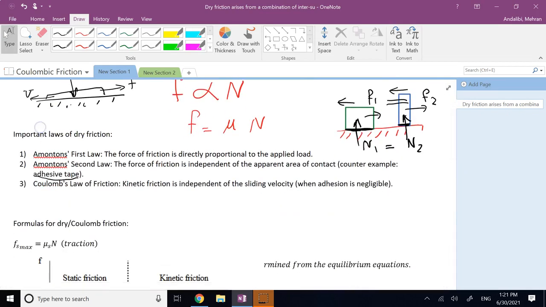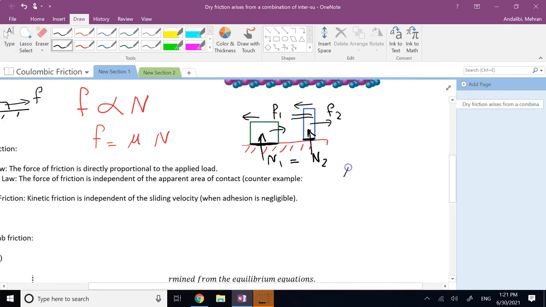We can show that in reality, if you plot the friction force due to sliding, which we call kinetic friction, versus the relative sliding velocity, the relation is not going to be constant. Actually, for most materials, it has a slight drop.